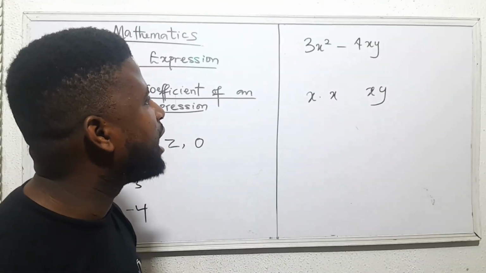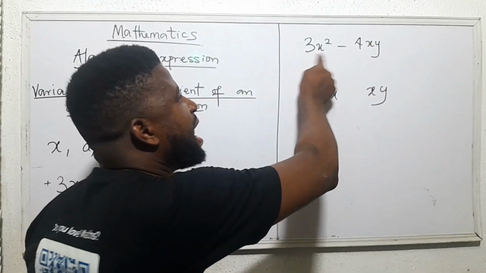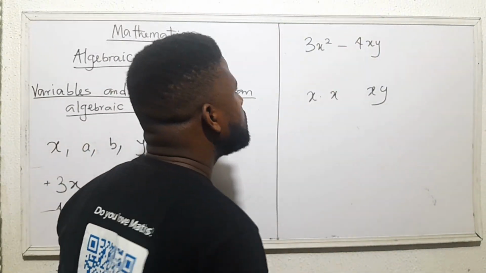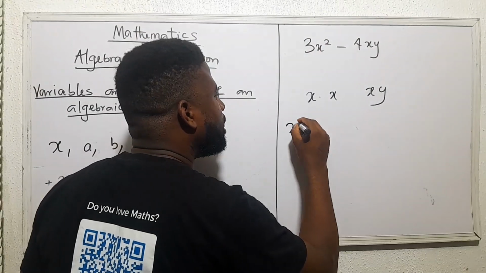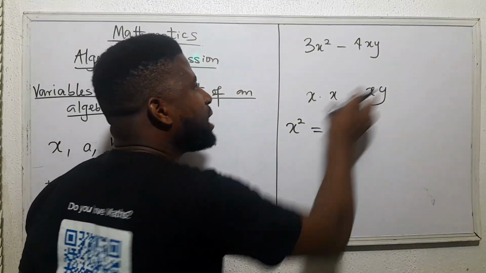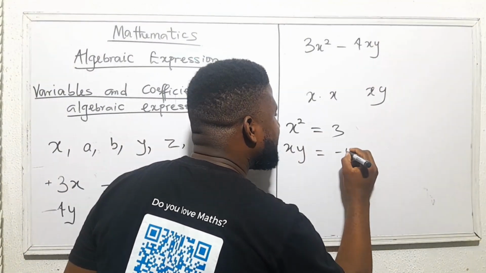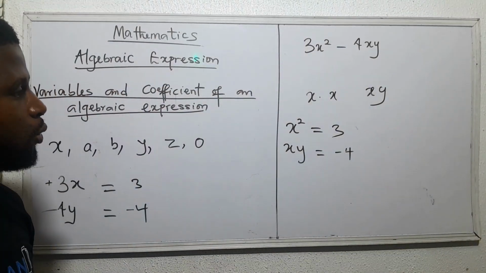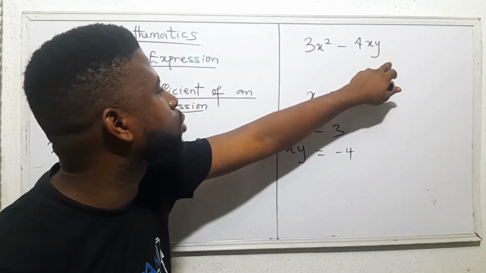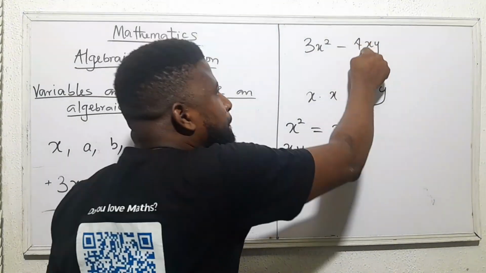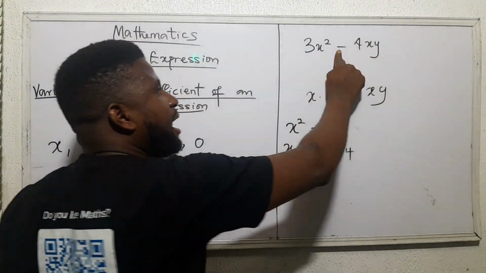If you are asked to find the coefficient of any of these groups of variables, for example, x squared, the coefficient of x squared is equal to 3, while the coefficient of xy is equal to minus 4. The coefficient of xy is what? Minus 4. That is the number and the sign attached.